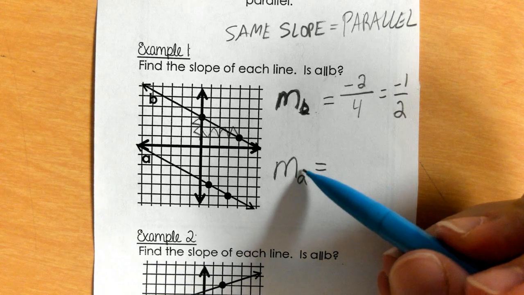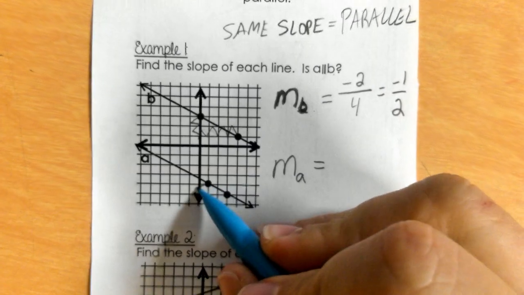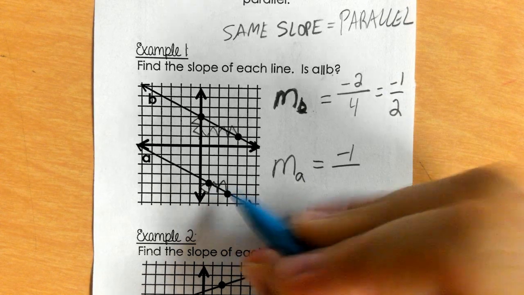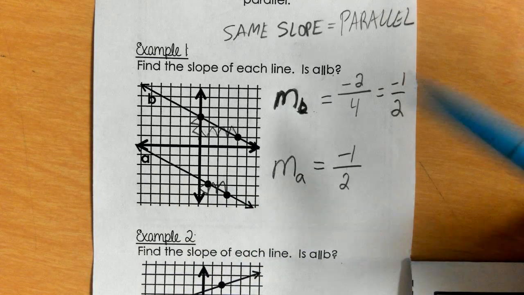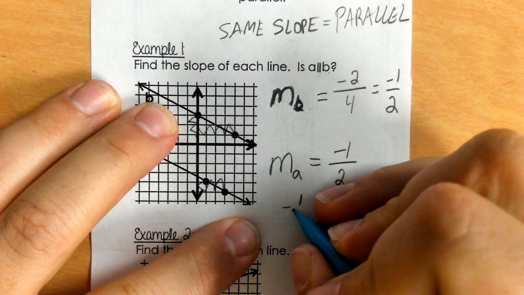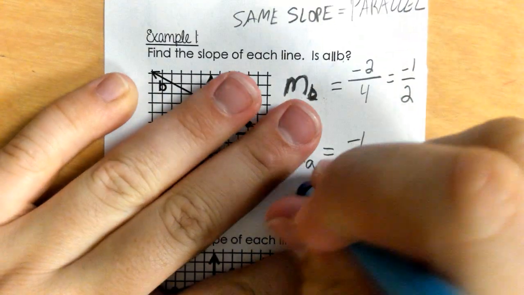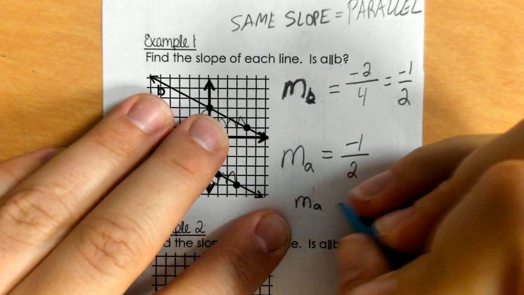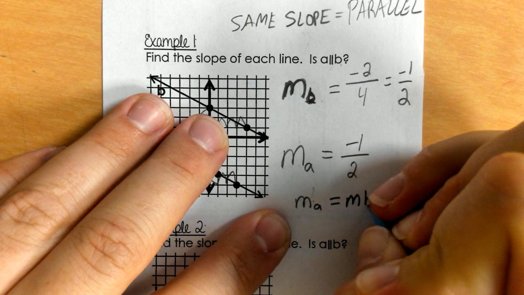Now the slope of line A. Negative 1 over 2, negative 1/2. The slope of line A equals the slope of line B.